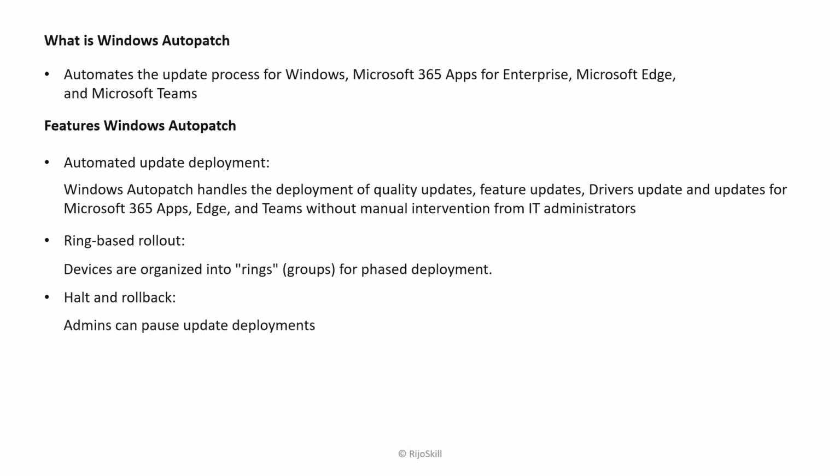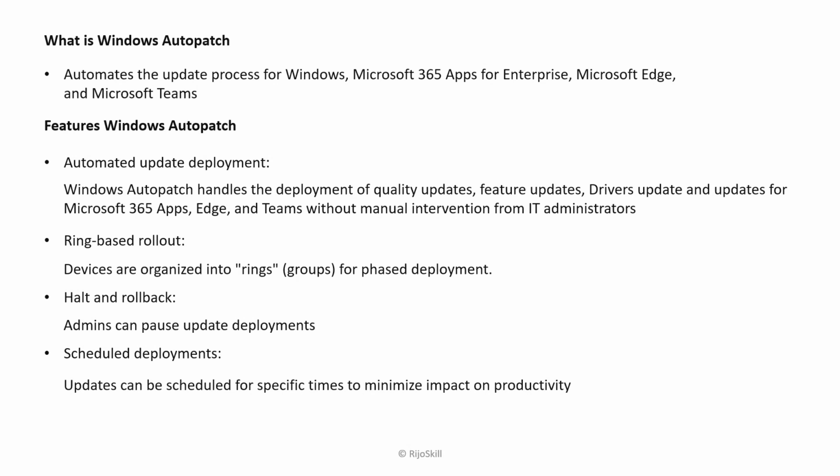Admins can pause update deployment and schedule deployment. Updates can be scheduled for a specific time to minimize the impact on productivity. These are the basic features Windows Autopatch supports to keep devices up to date with the latest Windows security patches.